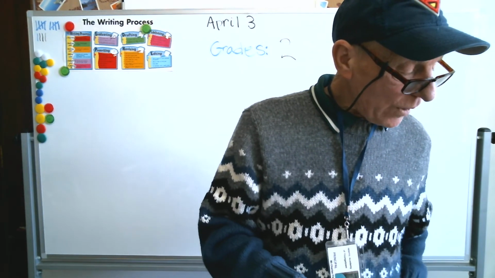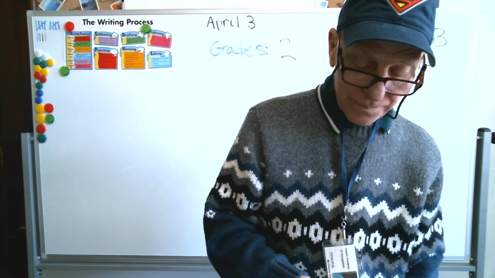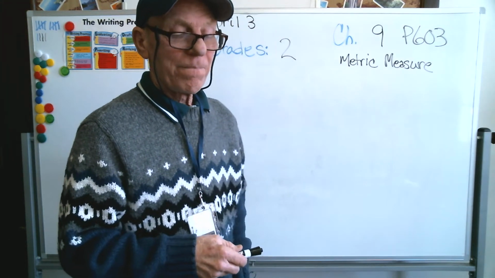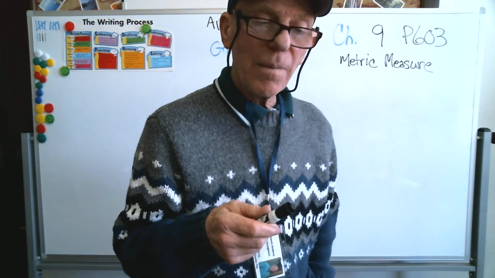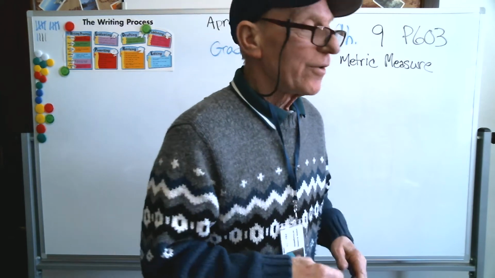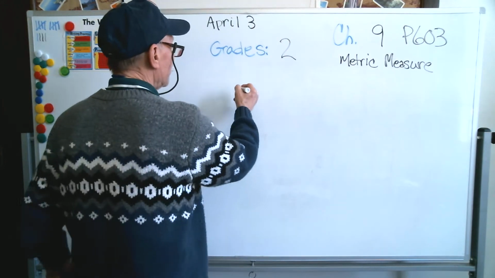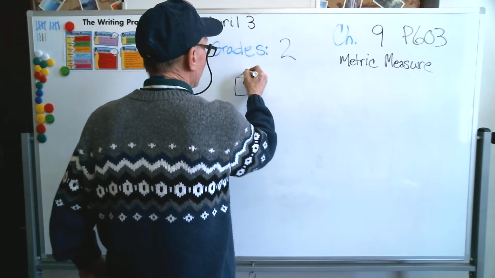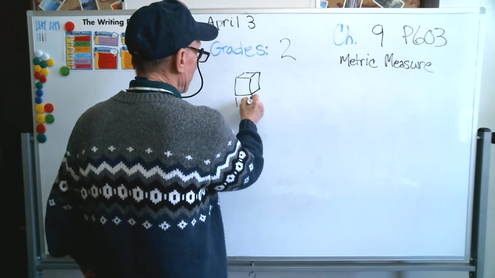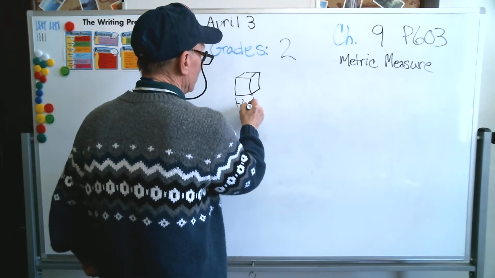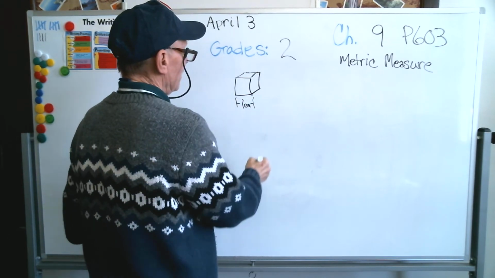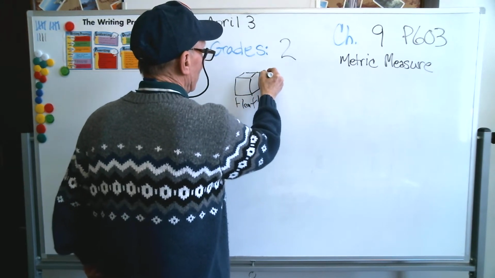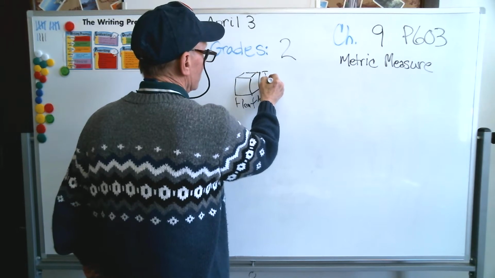On 604, it tells you that a unit is about equivalent to 1 centimeter. So if we give that unit a definition and we say that 1 centimeter, then it's 1 centimeter, and of course 1 centimeter.